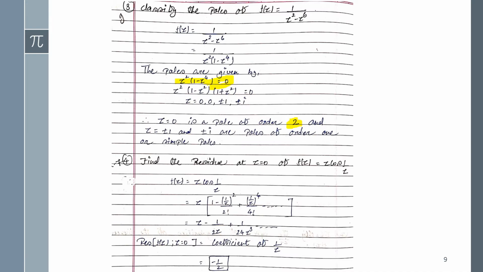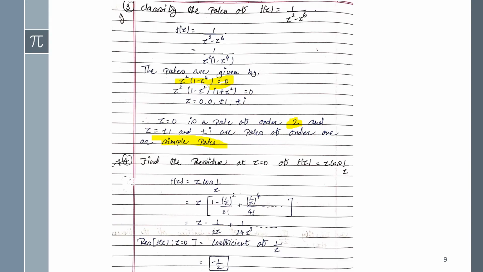And for z equals to plus or minus 1, you can see that plus or minus 1 is not repeating any times, right? And plus or minus i are also not repeated numbers, because these all come only a single time. So z equals to plus or minus 1 and z equals to plus or minus i are poles of order 1, or we can call them simple poles, because there is no power higher than one; by splitting z minus 1, z plus 1, each has a single power only.